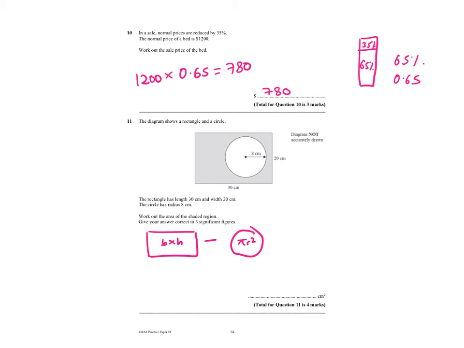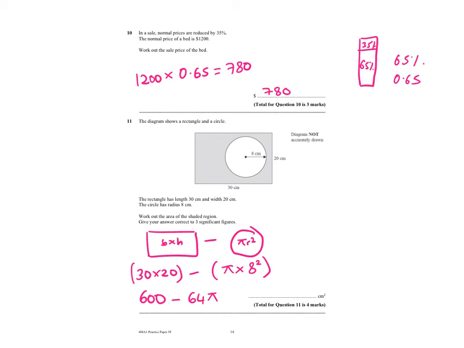So base times height, 30 times 20, that's my rectangle, which is 600. And then I'm going to minus pi times my radius squared, which they've already told us. So I'm going to minus 64 pi.